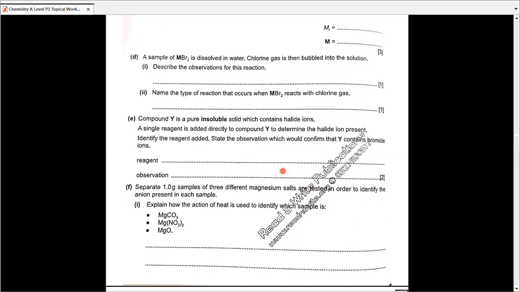Yes, bromide will be oxidized to bromine. Right. Make sure that you use concentrated sulfuric acid, because dilute sulfuric acid cannot do the trick. Yeah. Concentrated is an oxidizing agent already. Correct, correct.